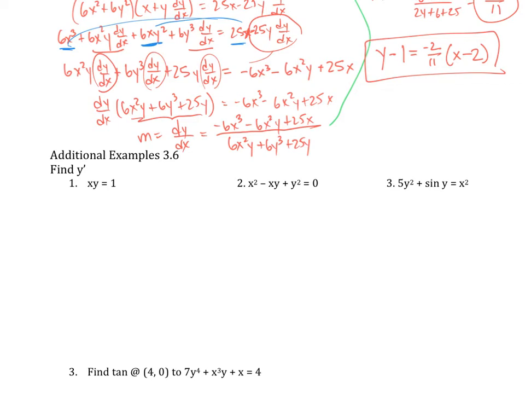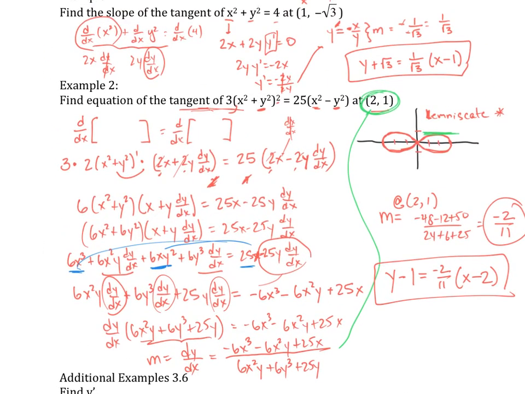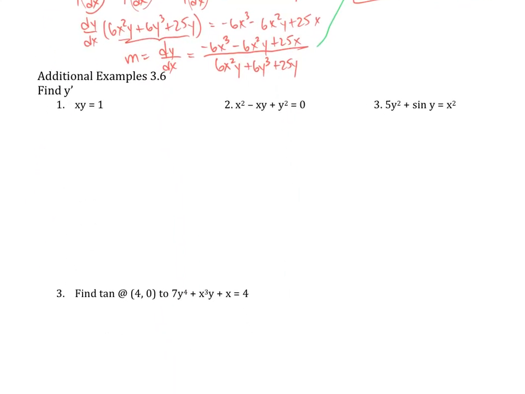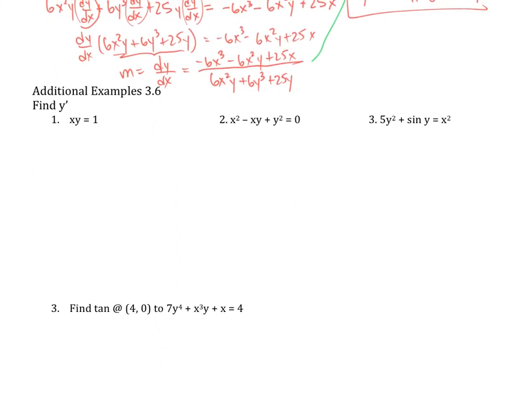So over here, I'm going to choose the y prime notation. Up here, remember, I did the dy over dx. So over here, I will do the y prime notation. I will have to use the product rule.